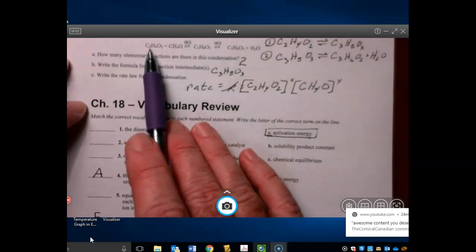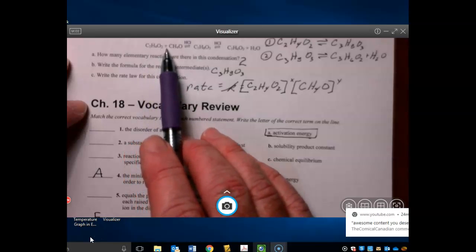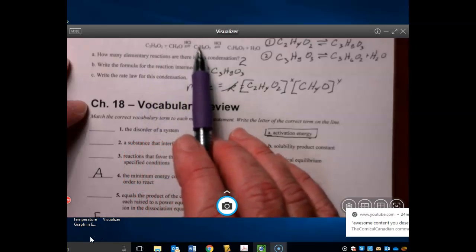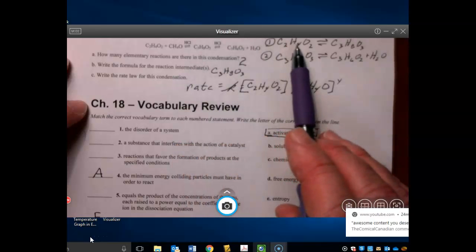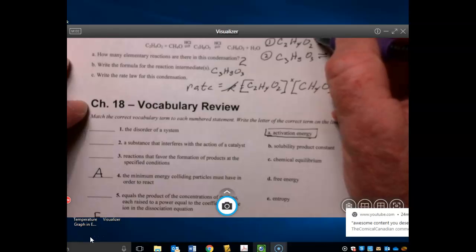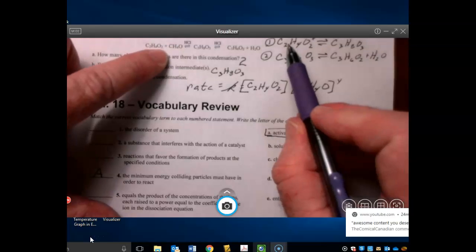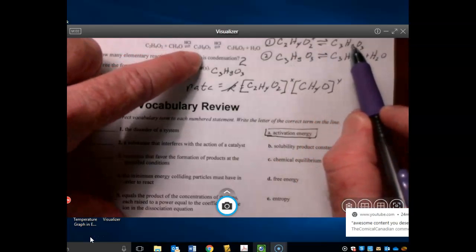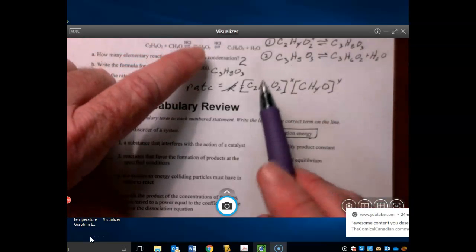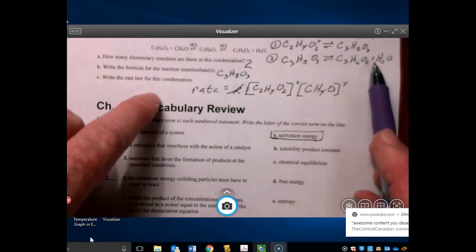In the first step of this reaction, you have these two reactants reacting to form this intermediate. It looks like I left off a reactant here. I should have another reactant in here. But these two reactants react to form this intermediate. And in the next step of this reaction, this intermediate reacts to form these products.